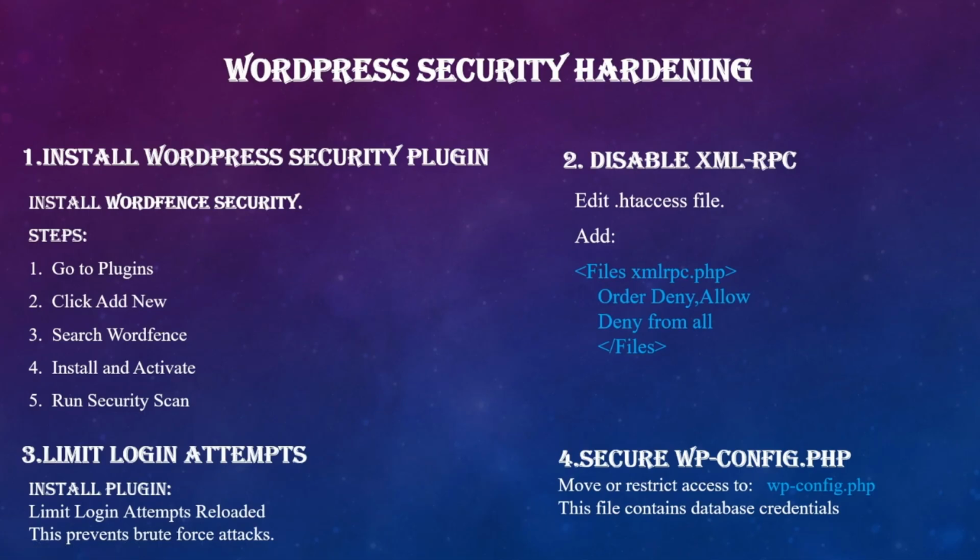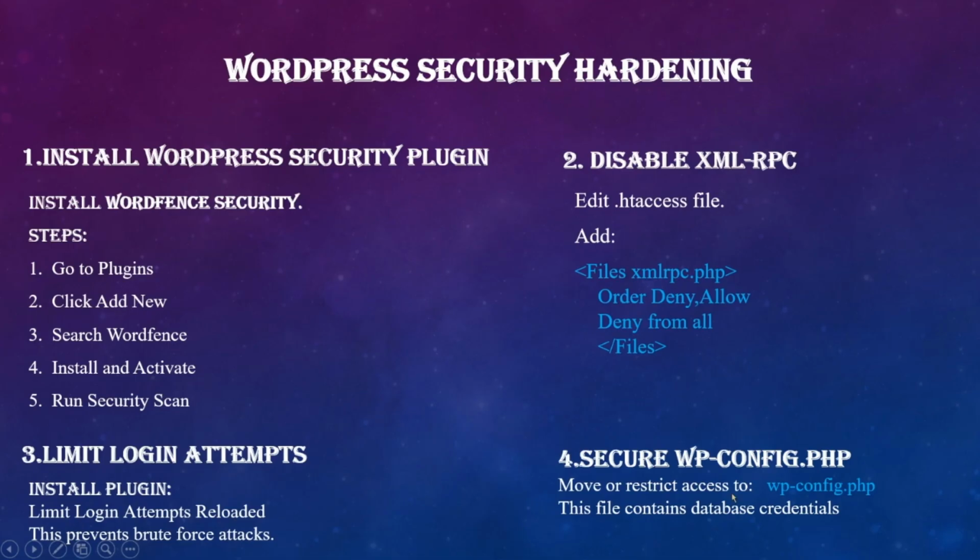Disable XML-RPC, which attackers use for injecting code, and limit login attempts to stop attacks on admin access. Limiting login attempts prevents brute force attacks, because brute force attacks may inject thousands of passwords and usernames to gain access. So we can limit the login attempts to prevent brute force attacks.